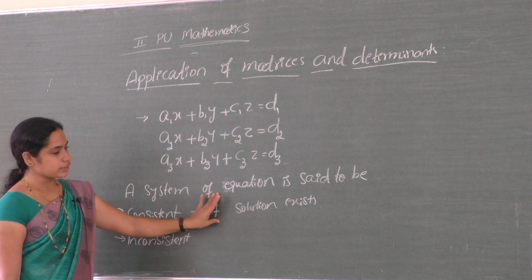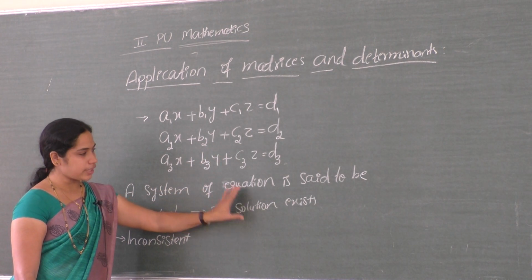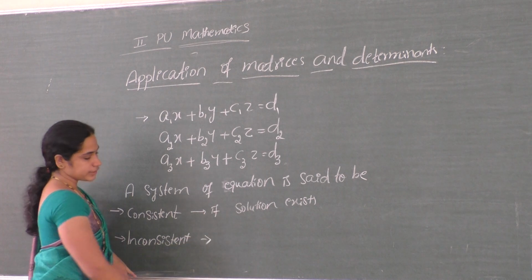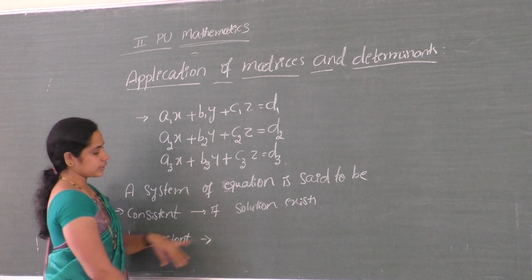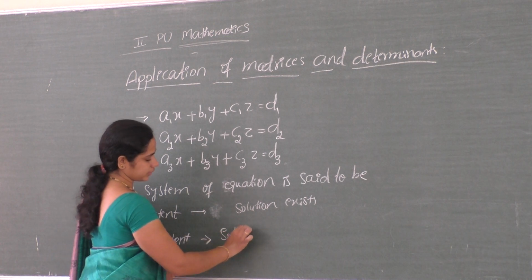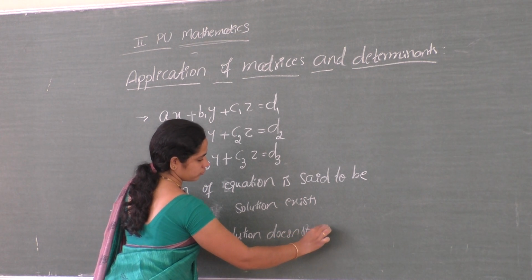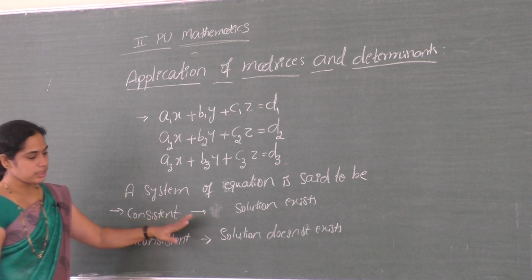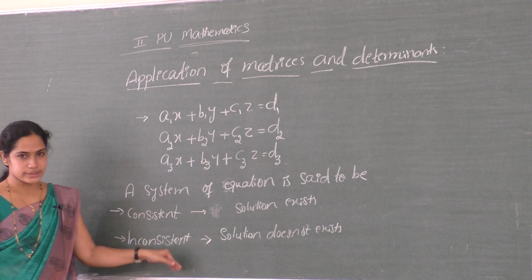Consistency means the system has a solution, so we say the system of equations is consistent. Suppose the solution does not exist, the system is said to be inconsistent.